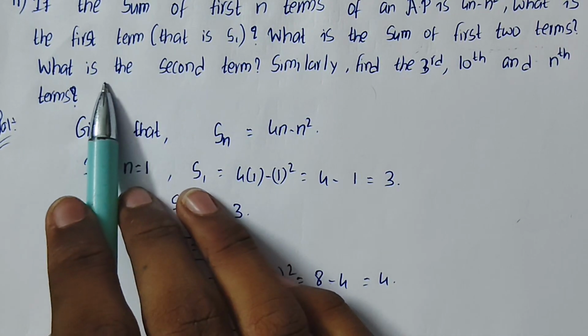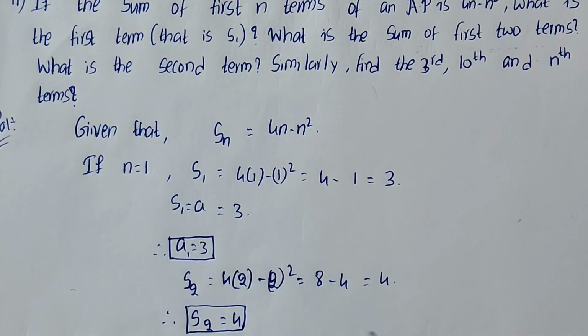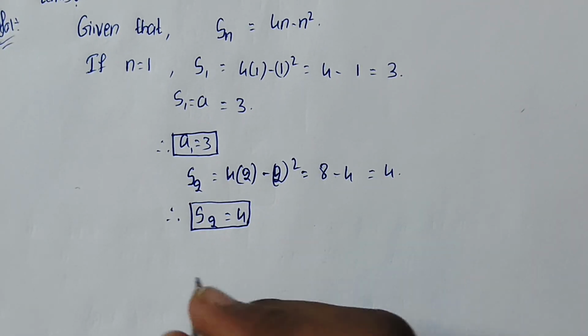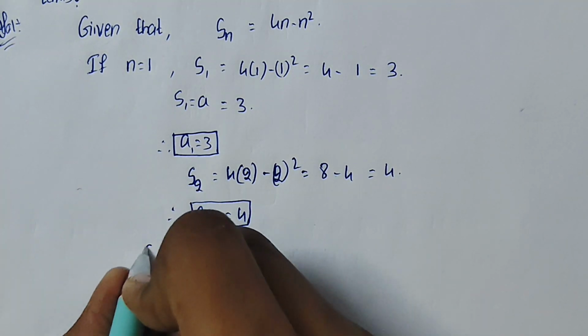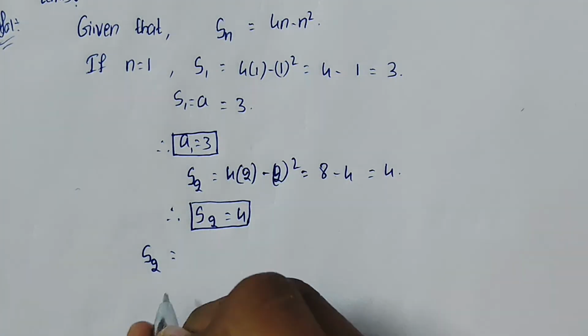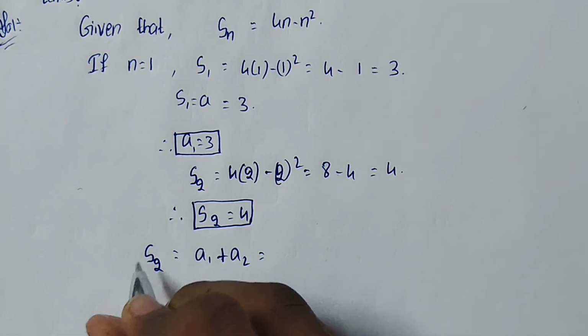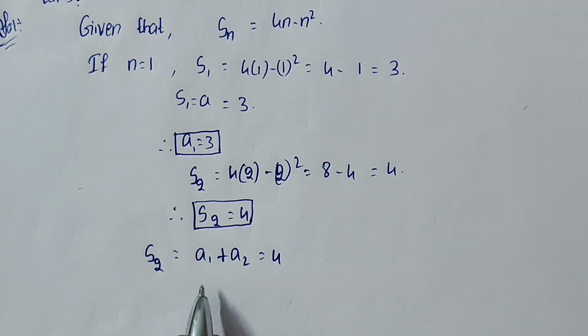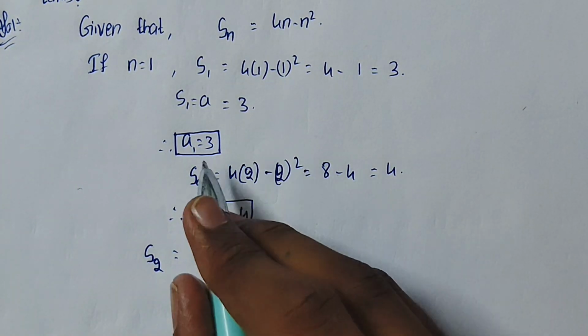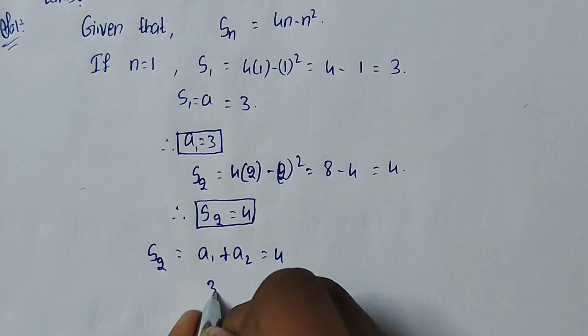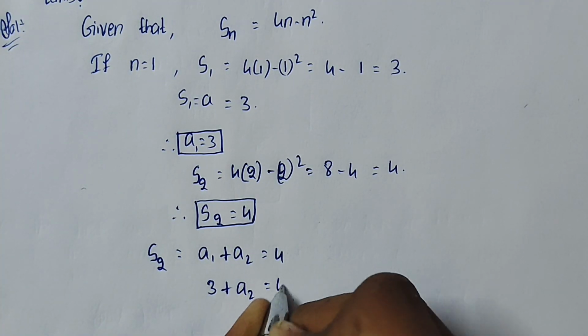Now let us find the value of the second term. S2 means sum of first two terms, means A1 plus A2, that is equal to 4. We already know the value of A, means A1, that is 3, plus A2 is equal to 4.